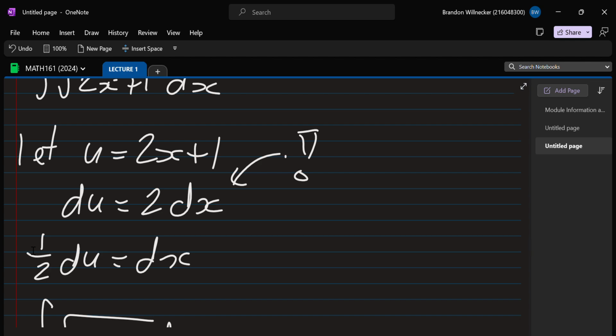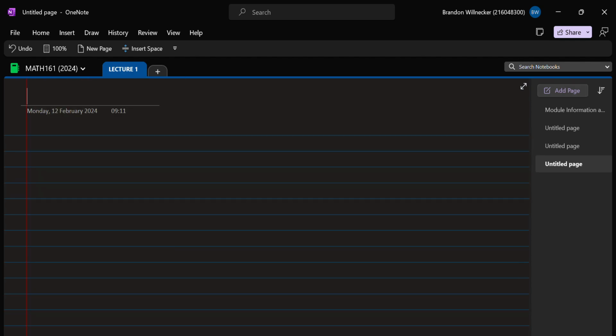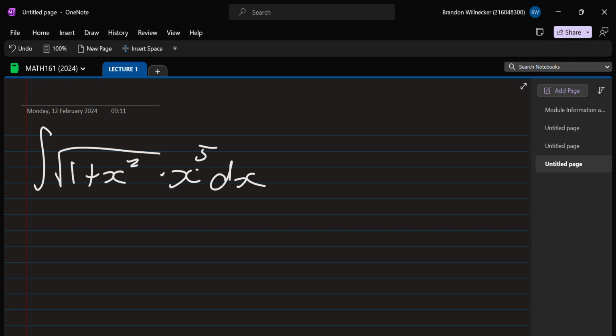You're just manipulating what we have there until we have what we want. Okay, so this next example, this is more like what you would have in a test. Root 1 plus x squared times x to the 5 dx.